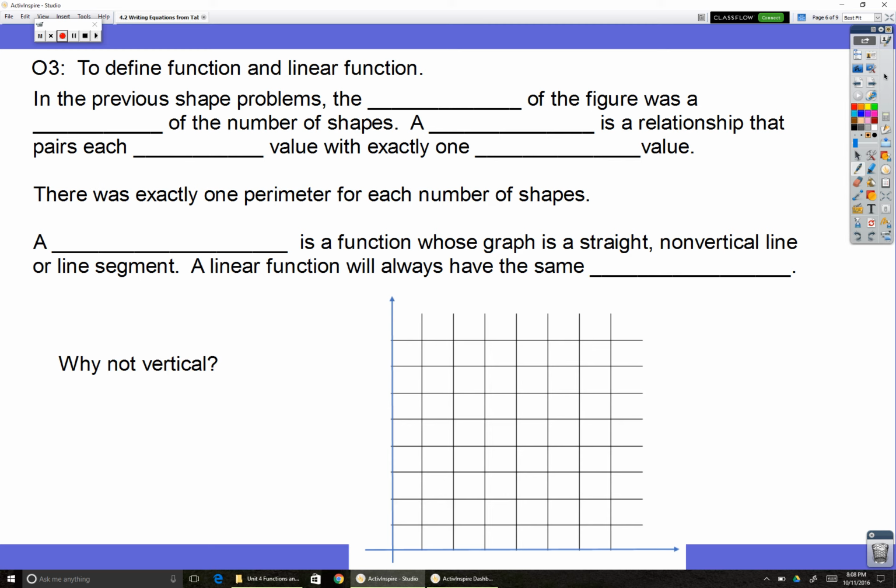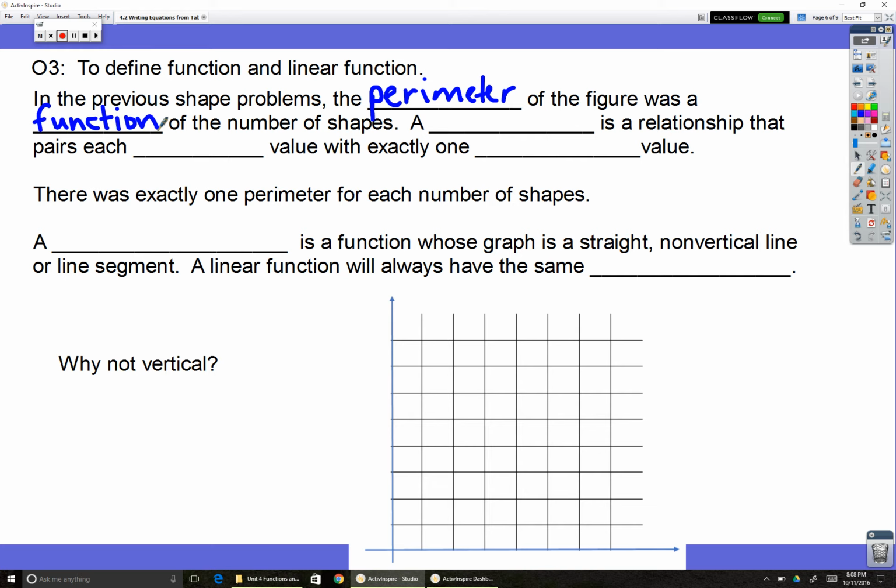Our third objective is to define function and linear function. In the previous shape problems, the perimeter of the figure was a function of the number of shapes.